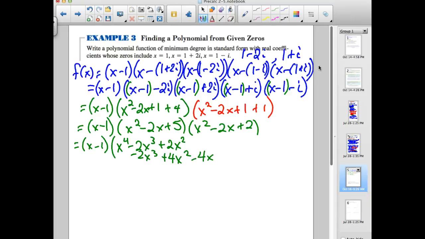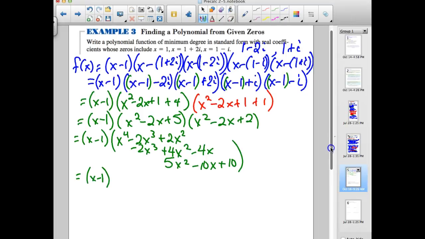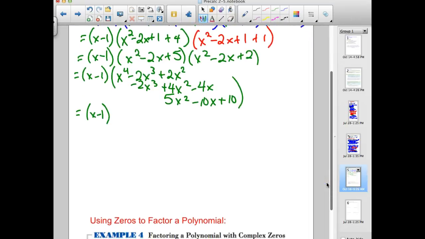And then the 5 gives us 5x squared minus 10x plus 10. All right, combining like terms, we have x to the 4th minus 4x cubed plus 11x squared minus 14x plus 10.